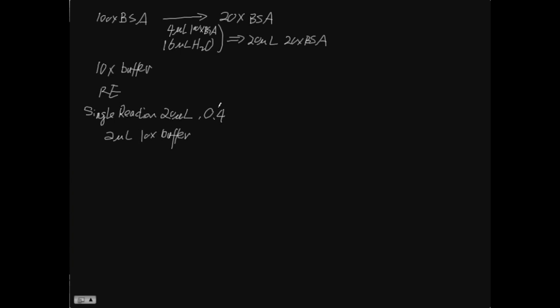We also need a 2% restriction enzyme. 2% restriction enzyme means it's 0.4 microliter of restriction enzyme.